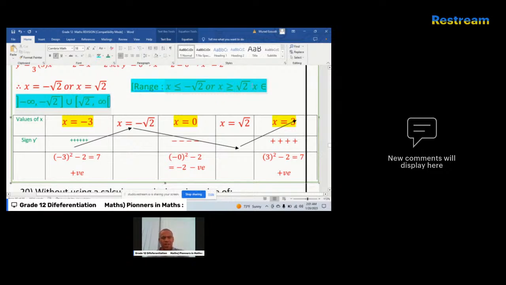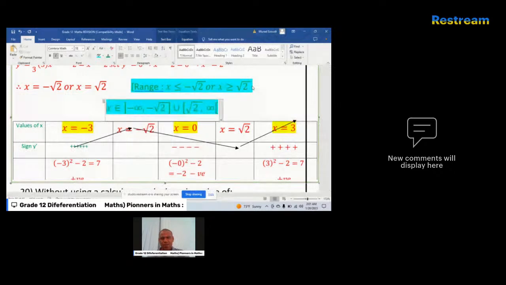For learners, x belongs to the interval open from the left-hand side, which is minus infinity, and closed from the right-hand side, because negative root of 2 is a root of my first derivative function, union root of 2 to plus infinity. This is the range of this equation.